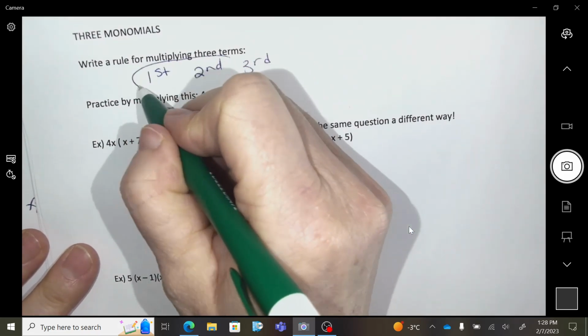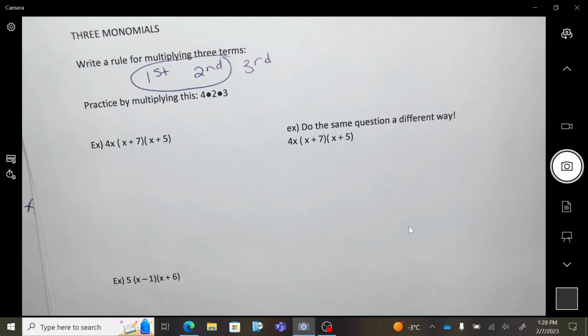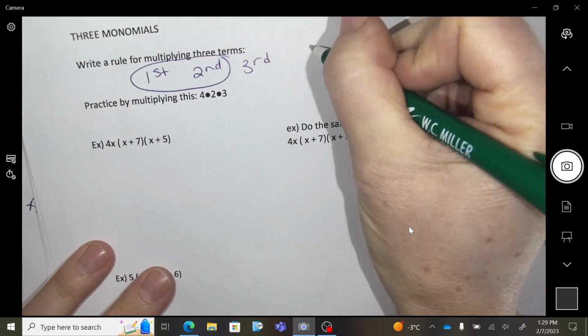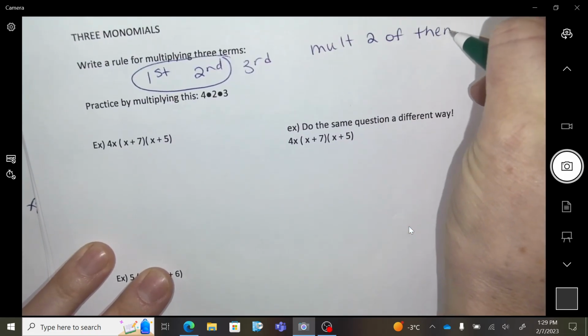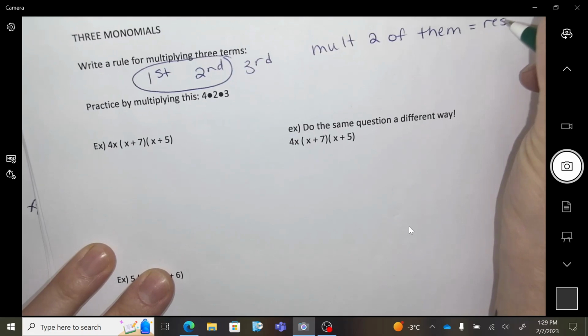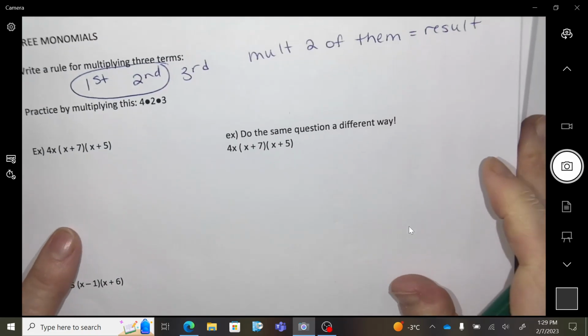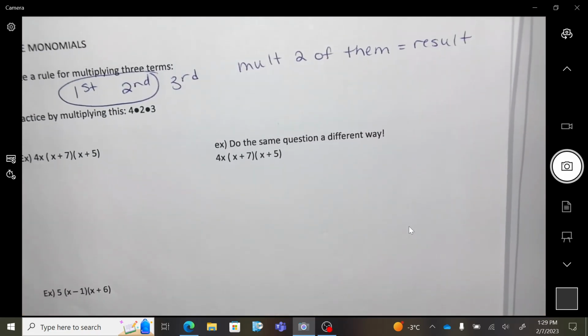I'm going to multiply 2 of them and get a result. So that's my rule. Then I'm going to take that result and times that by the 3rd thing.